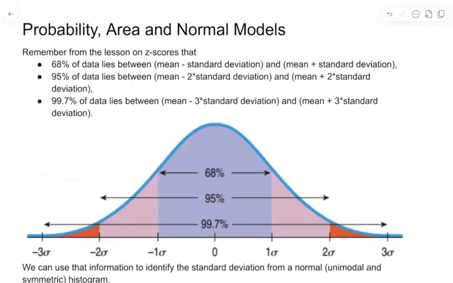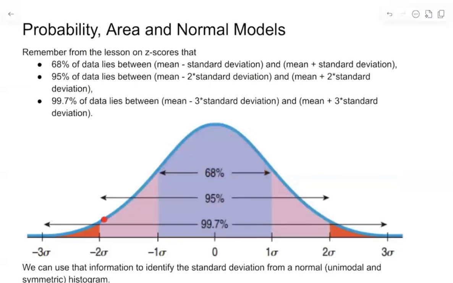So remember from our 68, 95, 99.7 rule, we know that 68% of our data is falling between -1 standard deviation and +1 standard deviation of the mean. So this light purple section in here is 68% of the area.